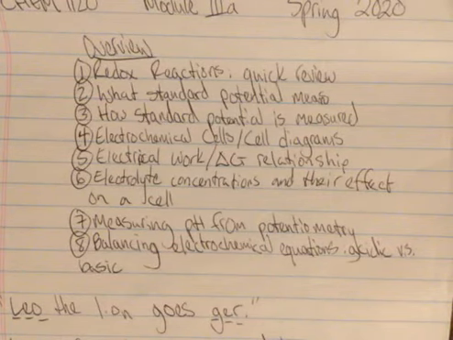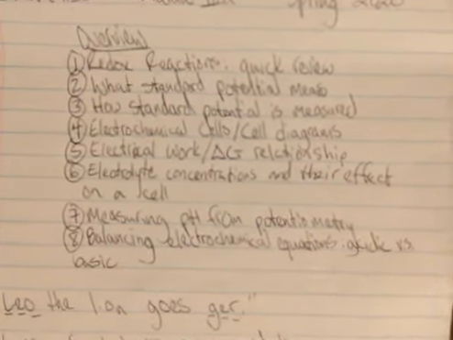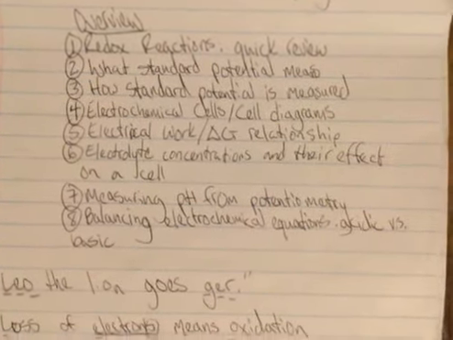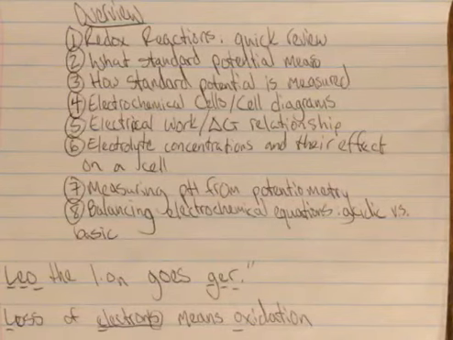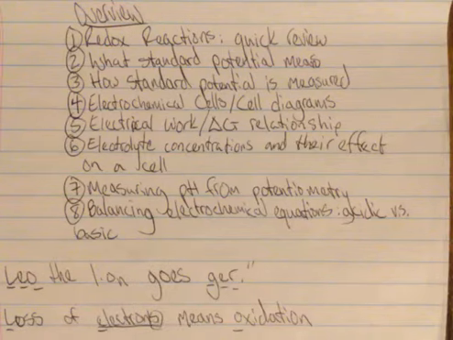So let's circle back to last semester, what you learned in chapter 8, I believe. So this is the mnemonic here: LEO the lion goes GER. LEO stands for loss of electrons equals oxidation. Of course, "of" is not going to be part of that acronym.